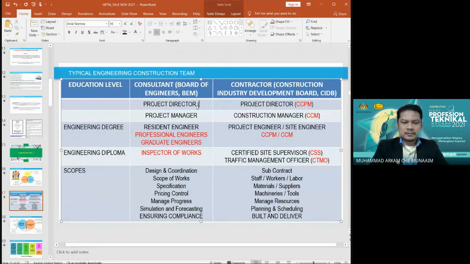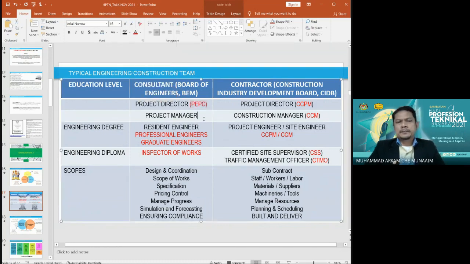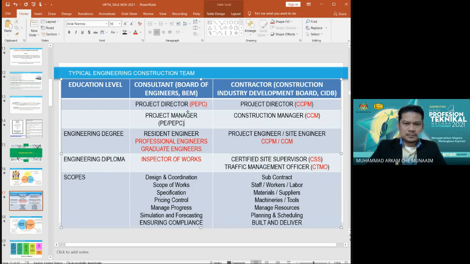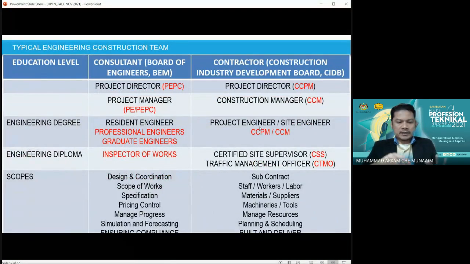From the Board of Engineers, we can map them into the PEPC. If they are still in the construction line, for mechanical, electrical and civil engineers, they can become PEPC later. So this is the arrangement.